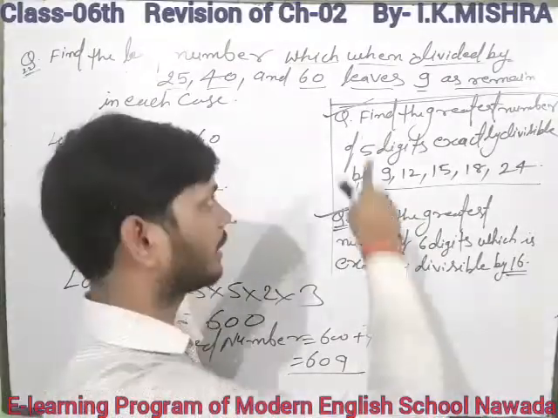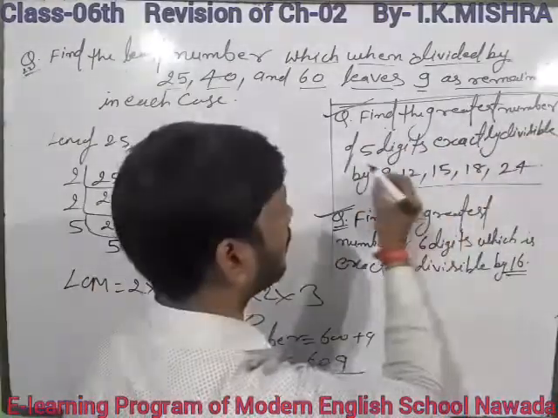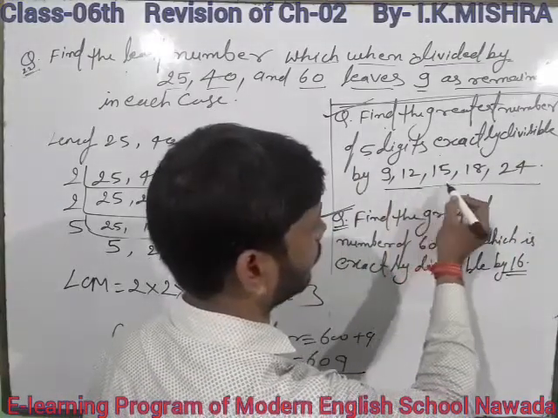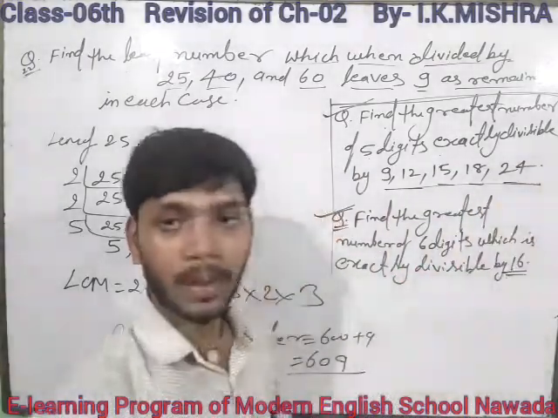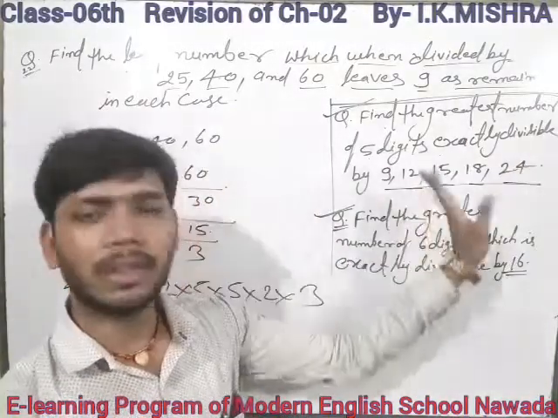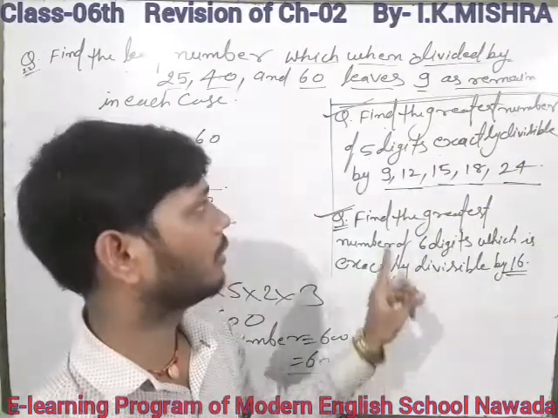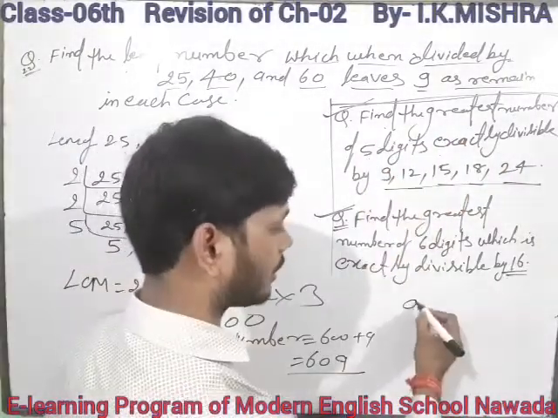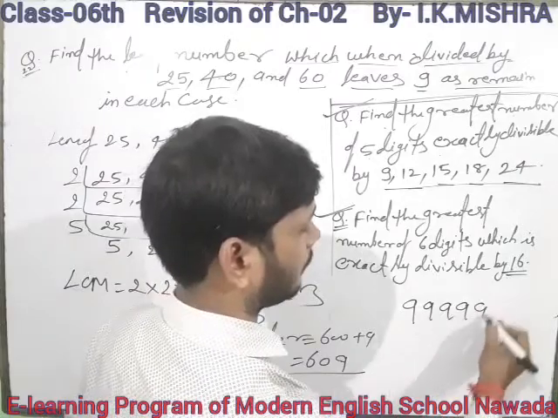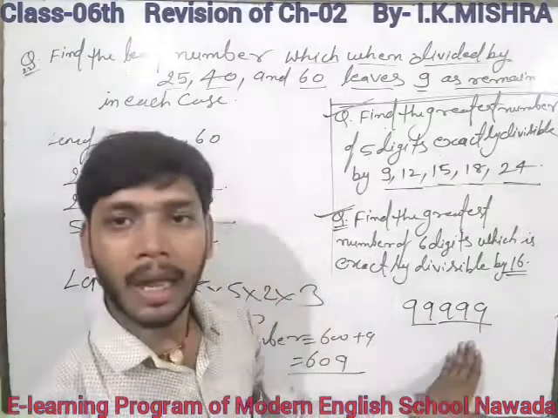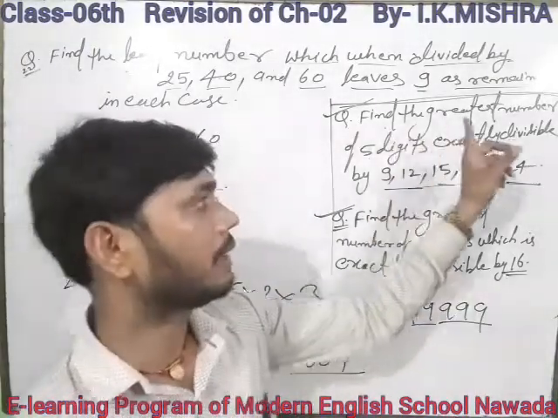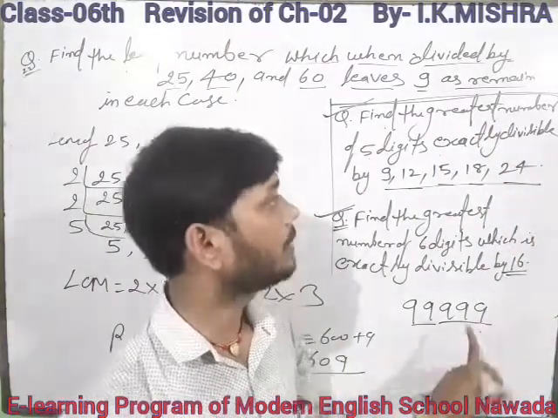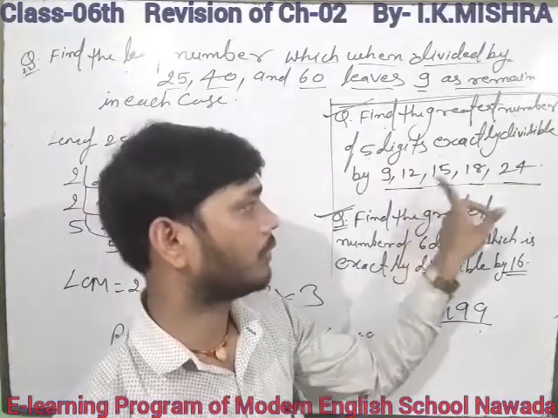Students, here I write two questions. Observe, read carefully. Find the greatest number of 5 digits exactly divisible by 9, 12, 15, 18 and 24. Students, for this type of question, first of all write the greatest number of 5 digits. Here you know the greatest number of 5 digits is 99999. And students, divide this greatest number of 5 digits by the LCM of all of these.